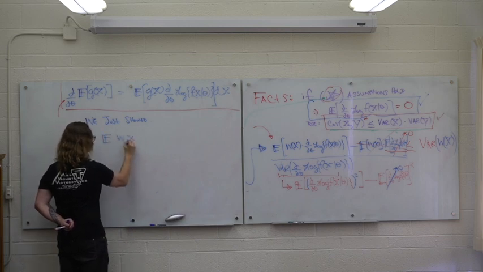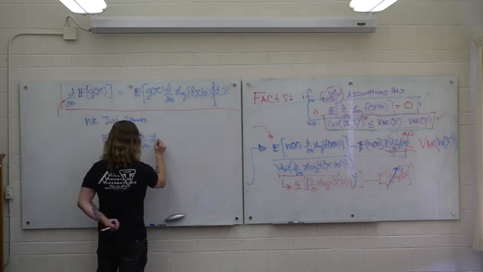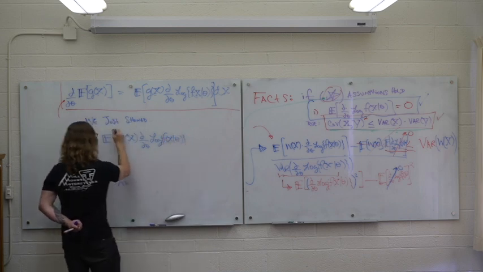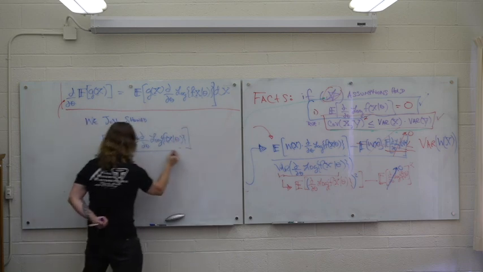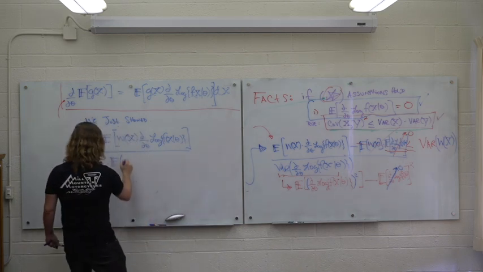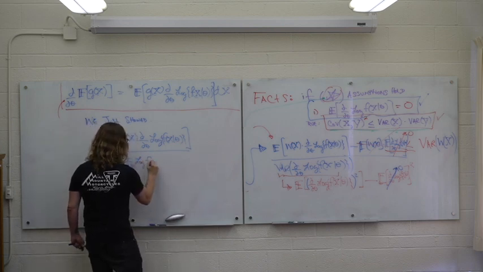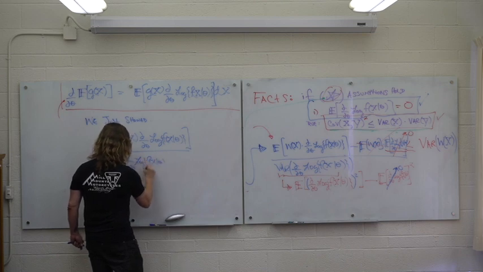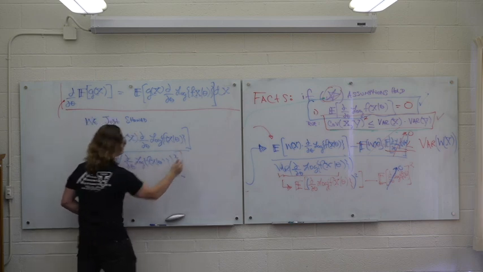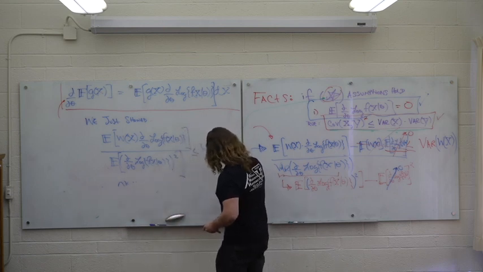Expectation of W(x) derivative log f(x given theta), divided by the expectation of d theta log f(x given theta) squared, is less than variance of W(x).